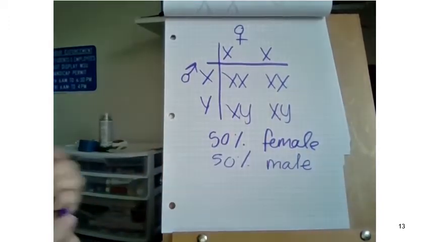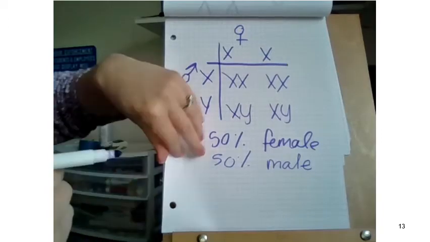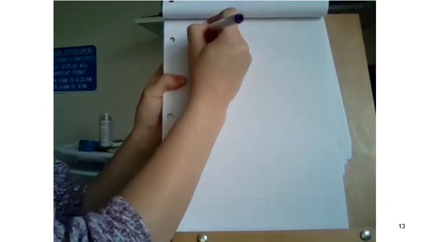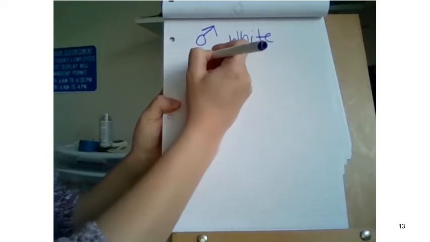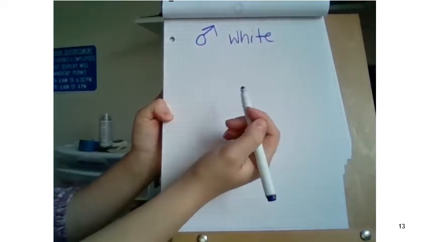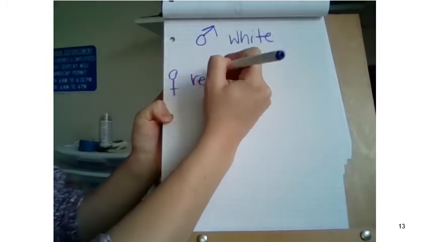Right? So now with this slide, we talked about how we found that there were males that had white eyes, and he crossed that male with a female that had red eyes.